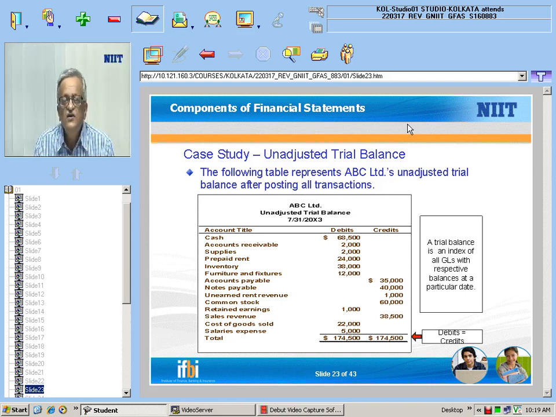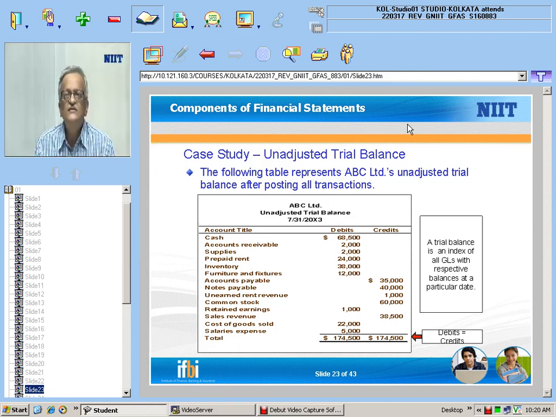On the credit side, you can see accounts payable, notes payable, which means loans which are taken, unearned rent revenue, common stock, that is the equity, and sales revenue. All these are items on the credit side. As you can see, the credit side and debit side both tally, 1,74,500 on both sides. So the trial balance is adjusted.